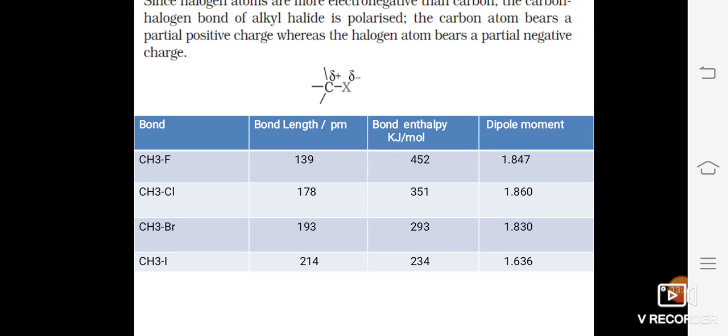If electrons are moving away from the nuclear forces of attraction, it is easy to break that bond, and therefore the dipole moment also decreases. The larger the distance, the less will be the bond enthalpy, and the lesser will be the dipole moment.